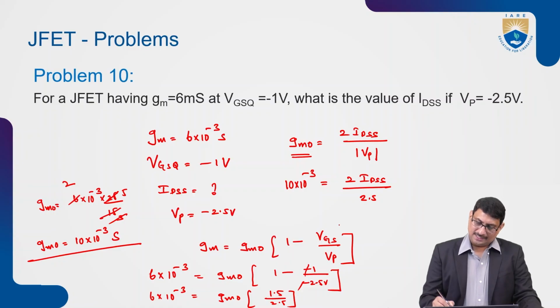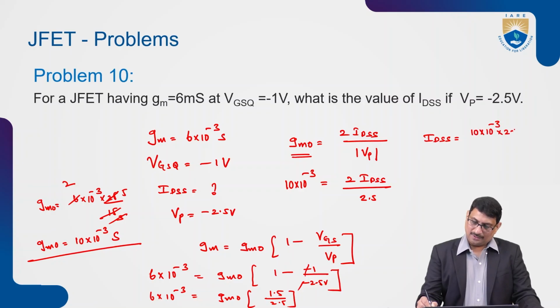From this, IDSS is equal to 10 into 10 power minus 3 into 2.5 divided by 2, or IDSS is equal to 10 into 2.5, 25 divided by 2, which is nothing but 12.5 into 10 power minus 3 amperes, that is 12.5 milliamperes.